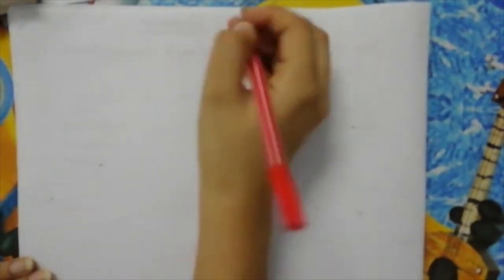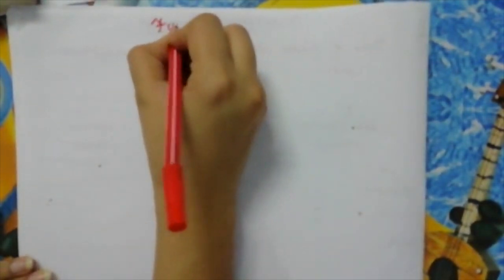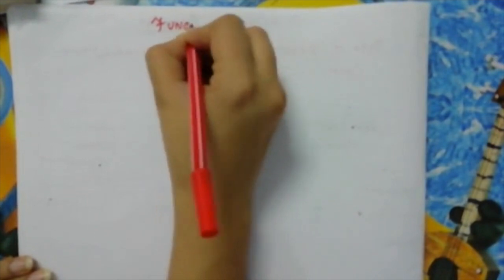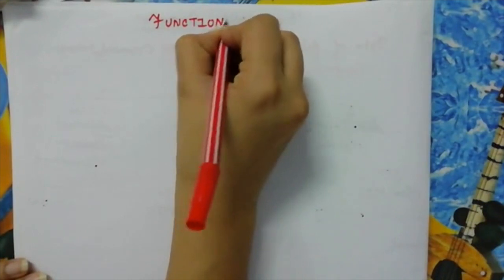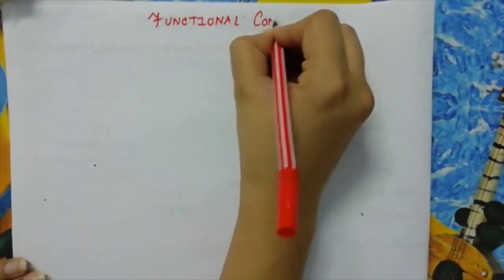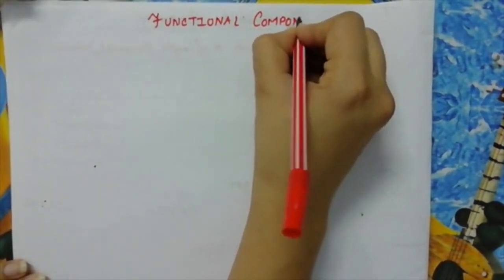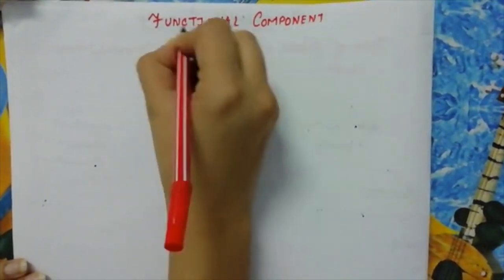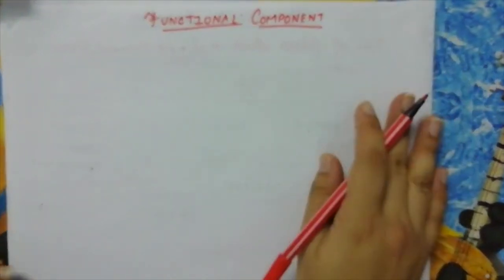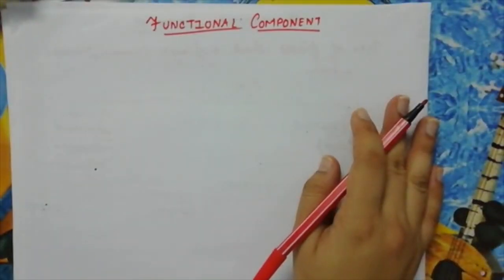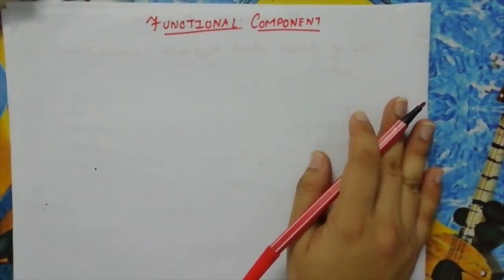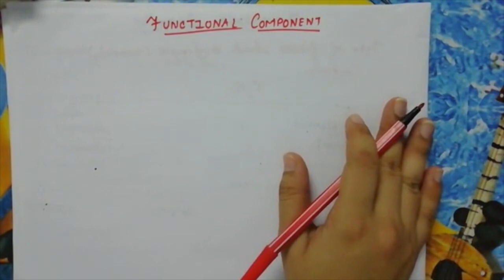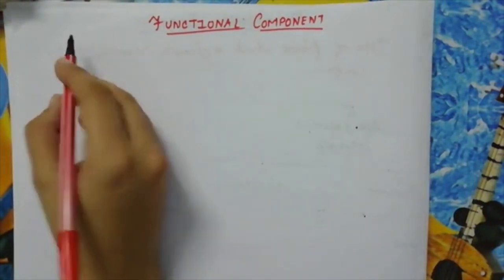So what is a functional component? Functional components are the type of fibers which a single cranial nerve possesses or contains. So let's write it.